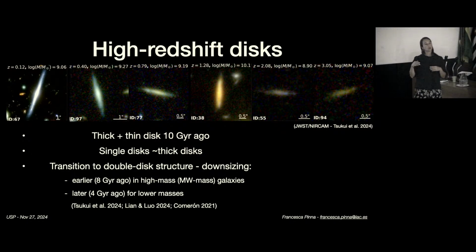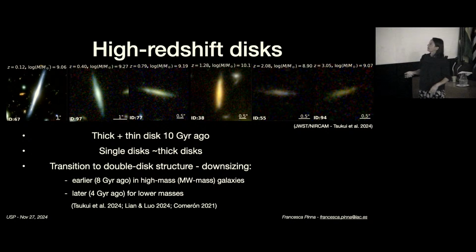And I'm saying this because when we fit those vertical surface brightness profiles, like the one that I showed before, in most galaxies we fit better with two components. But it is true that not all galaxies are fit well with two components. There are some galaxies also in the nearby universe that are fitted best with only one component.